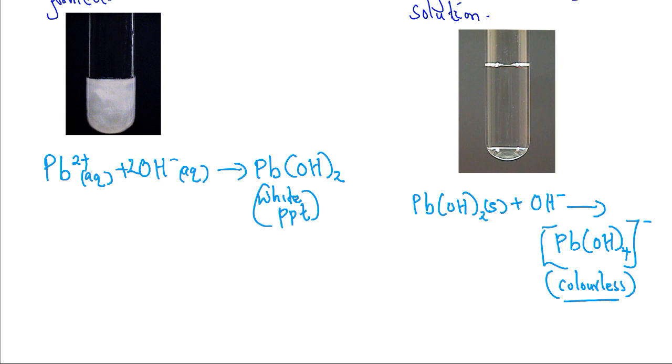Now, I want us to recall the observations that we talked about when we were learning the addition of ammonia solution. We said that it is only zinc ion and copper II ion that are able to form complexes, and for that reason they give solutions in excess addition of ammonia solution.